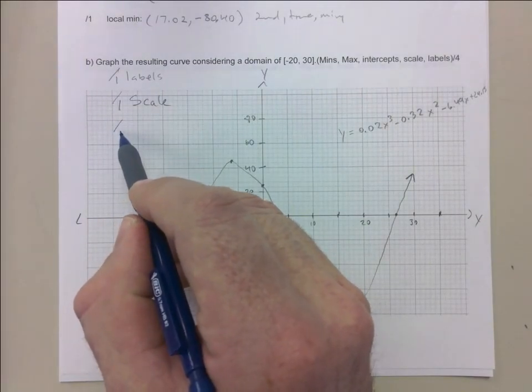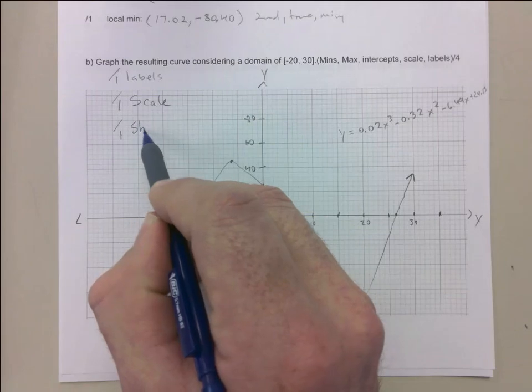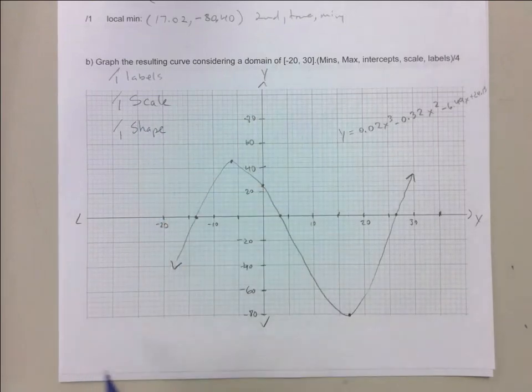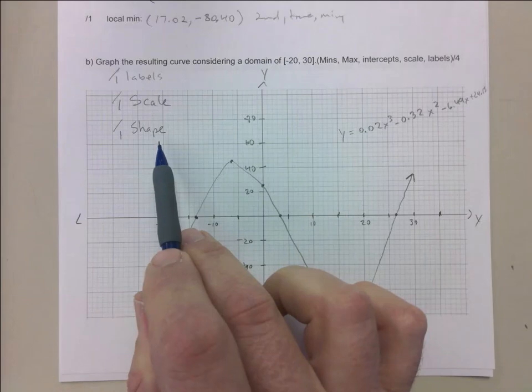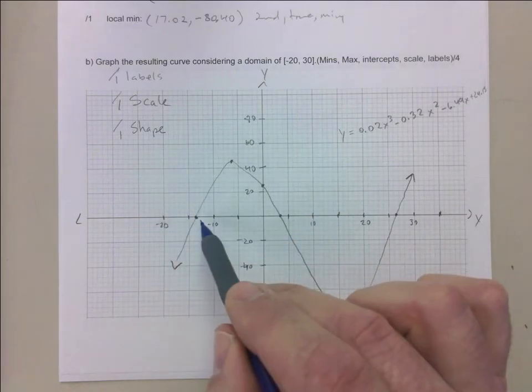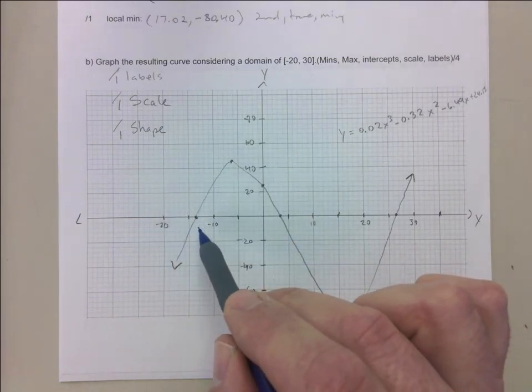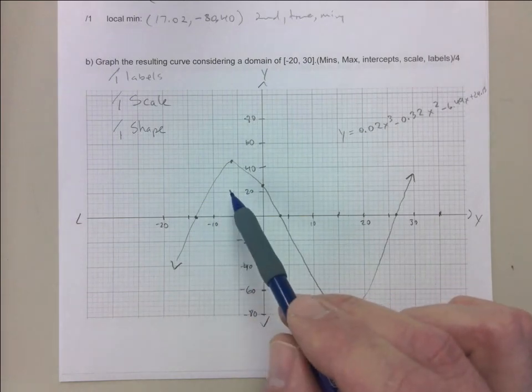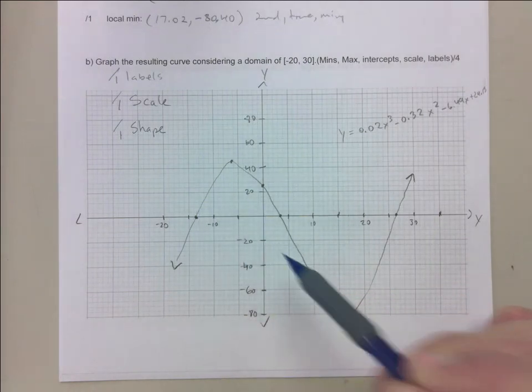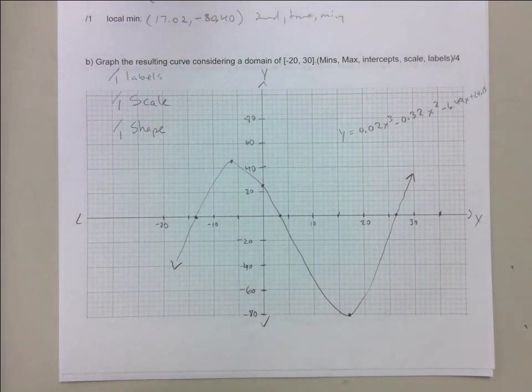And then I'll give you another mark for the shape of this graph. What we mean by the shape is, are the points where they're supposed to be. So if you have one point that's way off and it distorts the shape of this graph, then you lose a mark for that. Okay? And in this case, you need to have arrowheads because it's going to infinity.